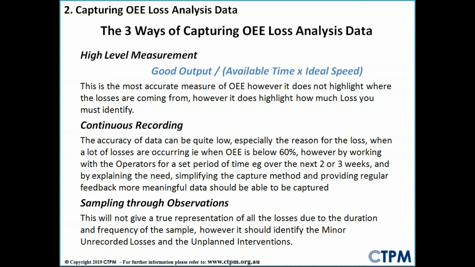And third is what we call sampling through observation. This is where, when we put an improvement team together to look at analysing losses on a production line or production area, we have found it is invaluable to do an observation.